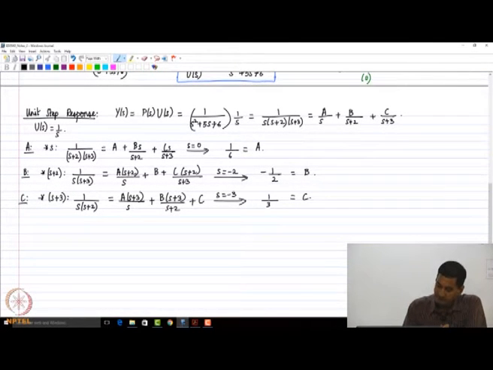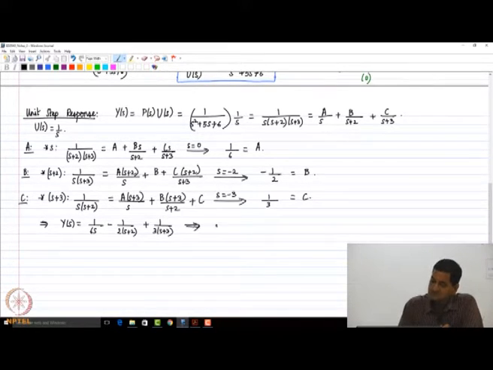So what we have is the following. Consequently, y of s is going to be equal to 1 by 6s minus 1 by 2 times s plus 2 plus 1 by 3 times s plus 3. So this implies that if you take the inverse Laplace transform, y of t is going to be equal to 1 by 6 minus 1 by 2 e power minus 2t plus 1 by 3 e power minus 3t.